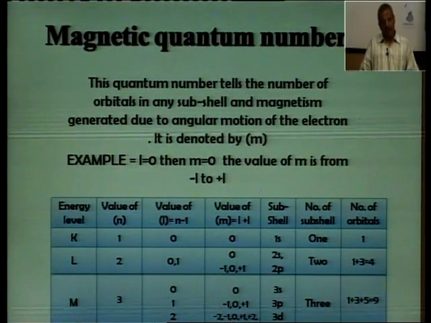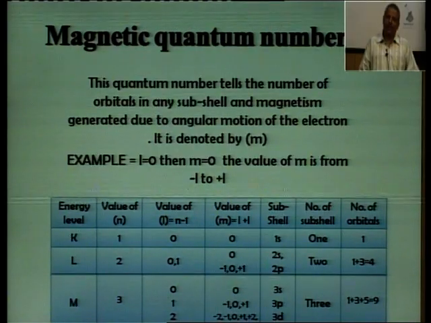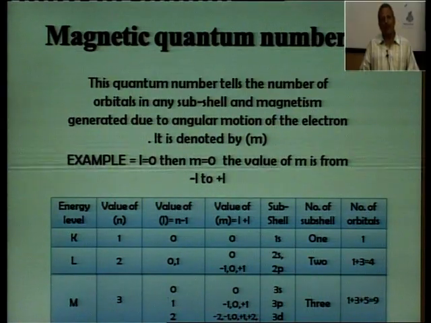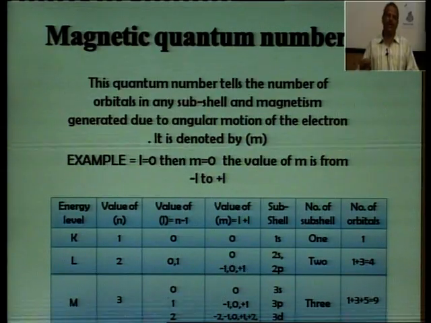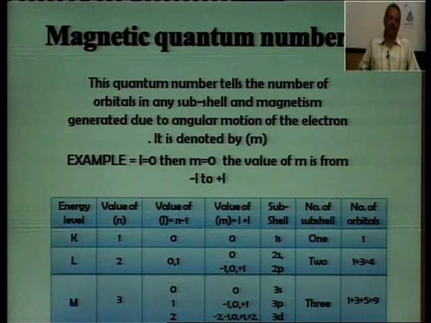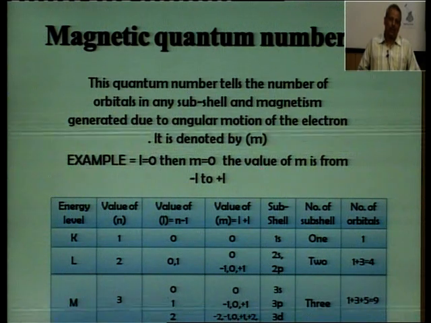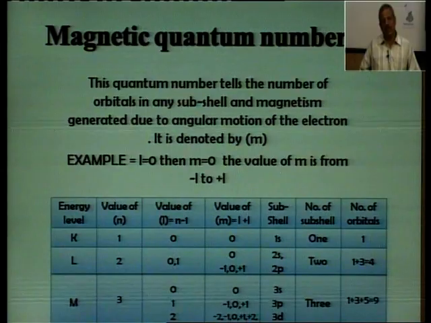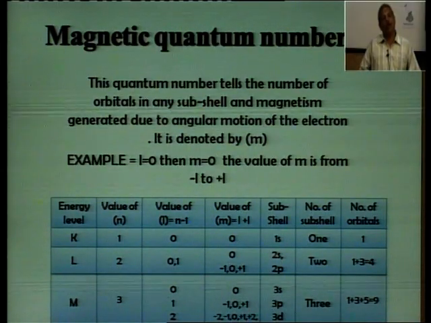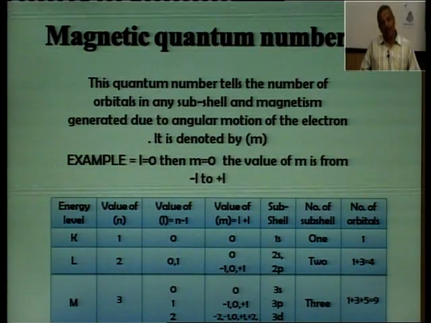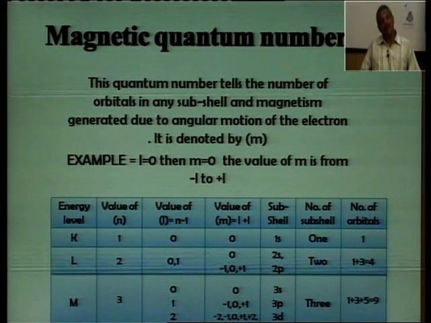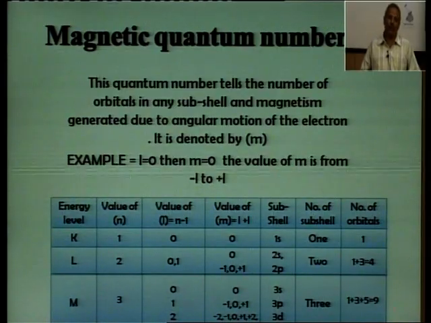Magnetic quantum number. This quantum number tells the number of orbitals in any subshell and the magnetism generated due to angular motion of the electron. It is denoted by m. So, the value of m is from minus l to plus l. If the value of n is equal to 1, the main energy level is 1, the value of l is equal to 0.